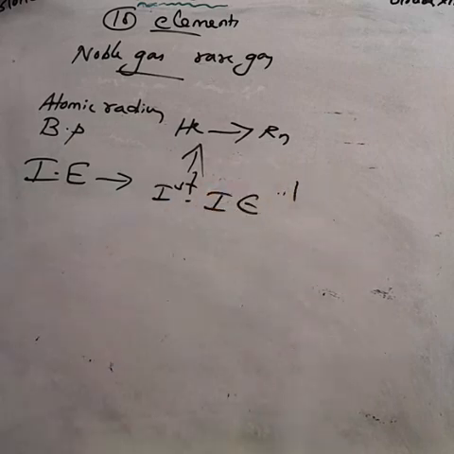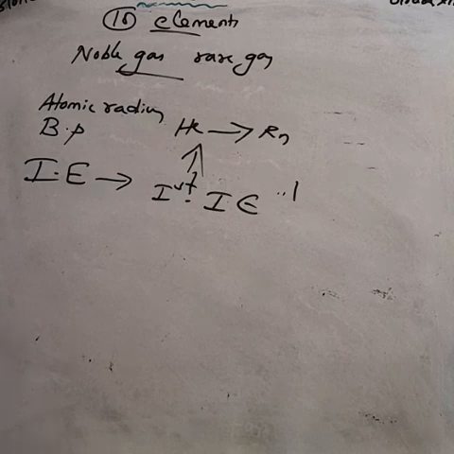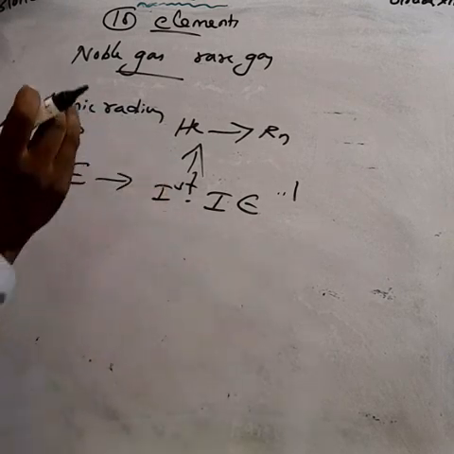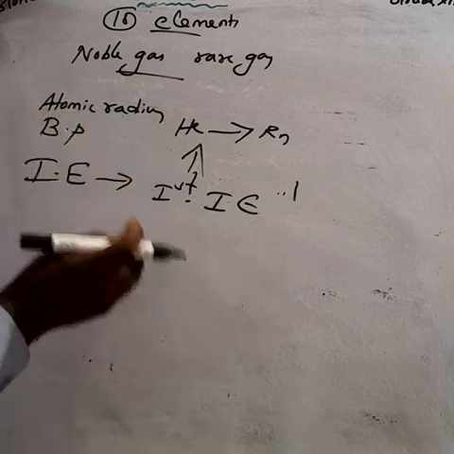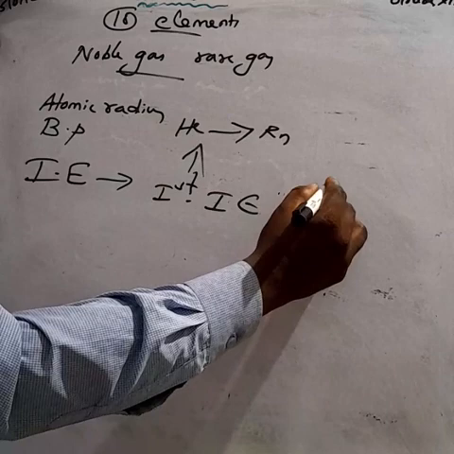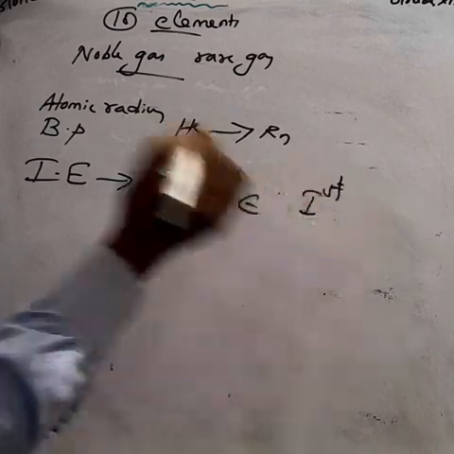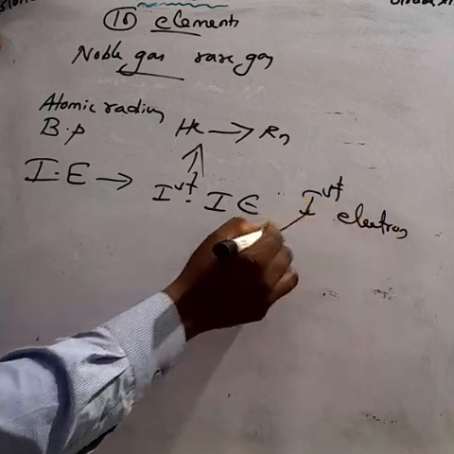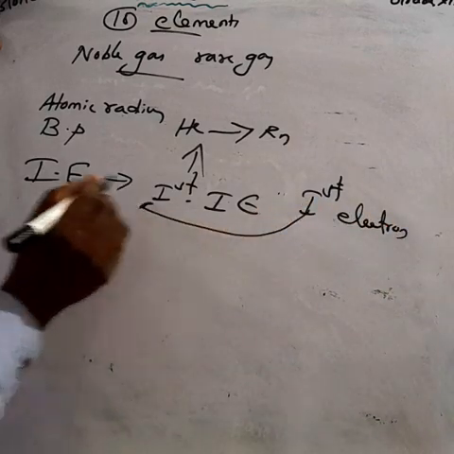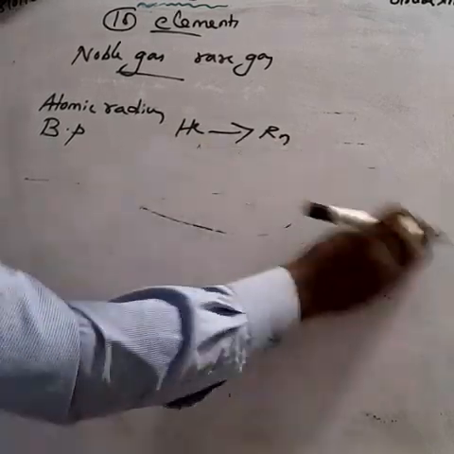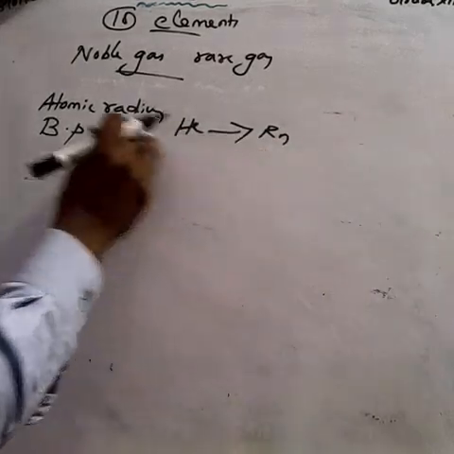What is the meaning of first ionization energy? The amount of energy required to remove the most loosely bound first electron in the gaseous state. Removing the first electron, that we call first ionization energy.